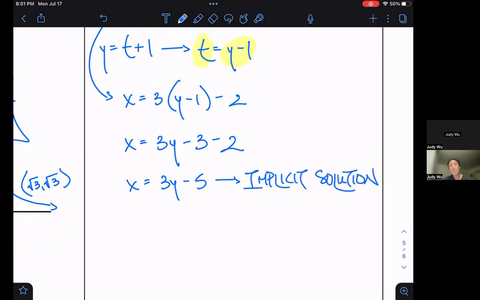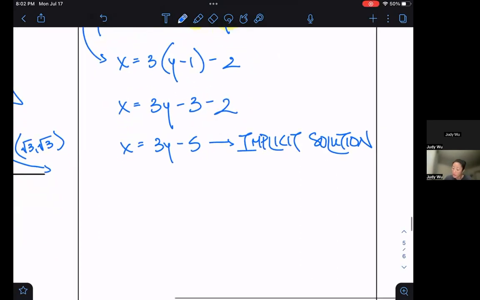Implicit just means that I didn't get y all by itself yet. The x's and y's are all mixed together. Once you get to some higher level math, it's okay to leave things in an implicit solution sometimes. If you ever hear that word, it just means you don't need to solve for y.